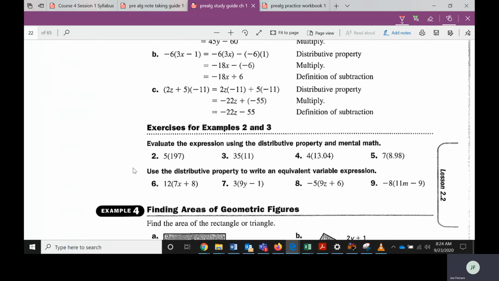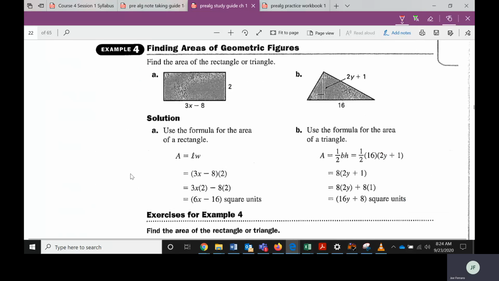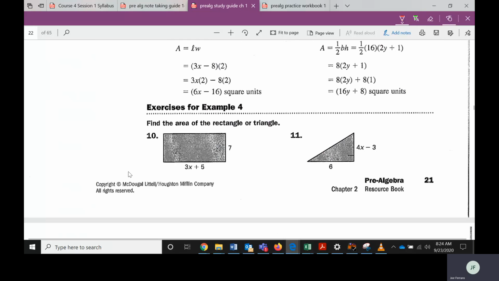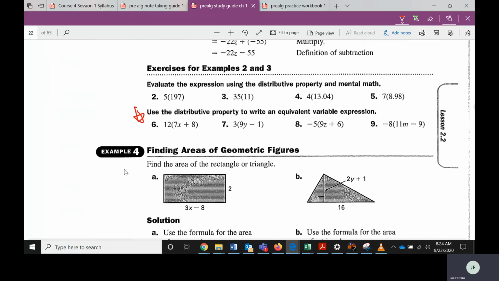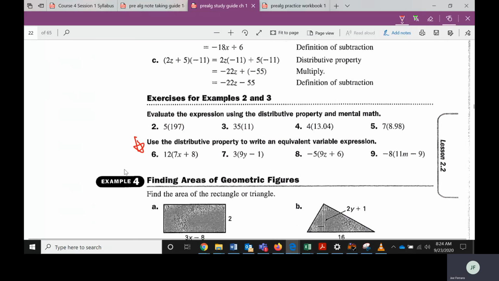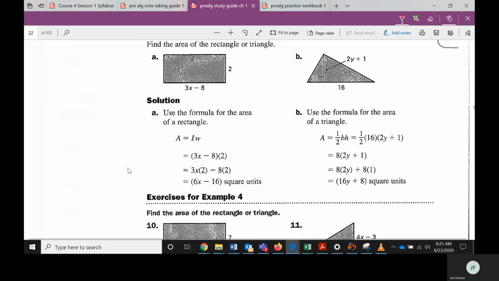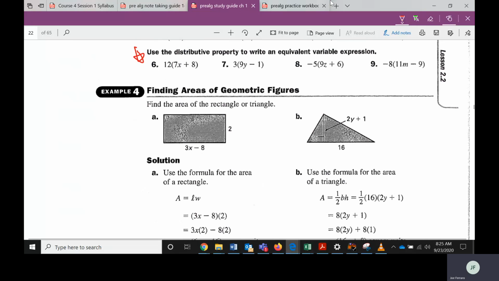These would be pretty important. Okay, being able to do those. So do those 4 problems. If you got that, you should feel pretty good. And then also doing these 2 should be important too, 10 and 11. So if you can do 6 through 11, okay, you're pretty good on 2.2. So that would be my main focus there.